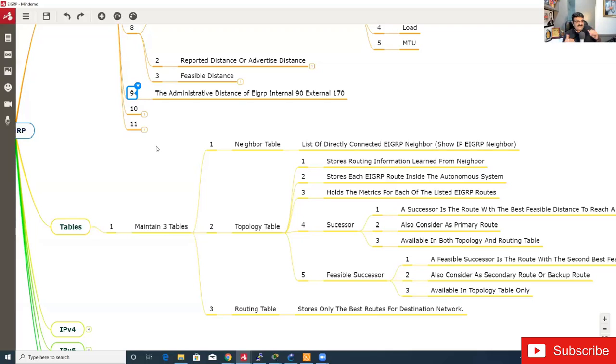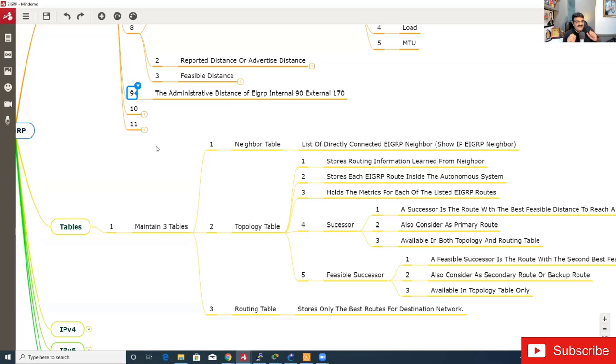These routes are not coming from EIGRP, they are coming from RIP or OSPF or any other routing protocol using redistribution, so I consider it an external route. And if it is an external route, the AD of these routes will be 170. This is the terminology of EIGRP.